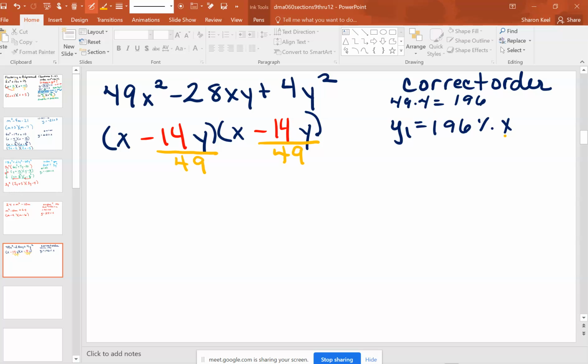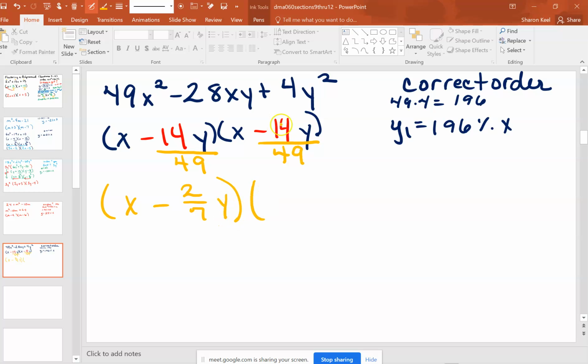Now we still need to reduce that fraction. So we have a negative 14 over 49. Math, enter, enter. That gives us a negative 2/7. So what we have for our answer here is going to be x minus 2/7 y.